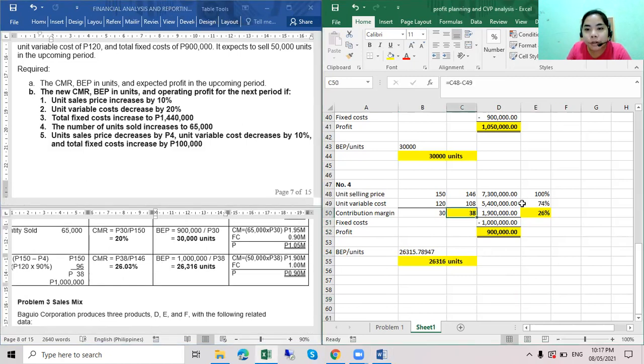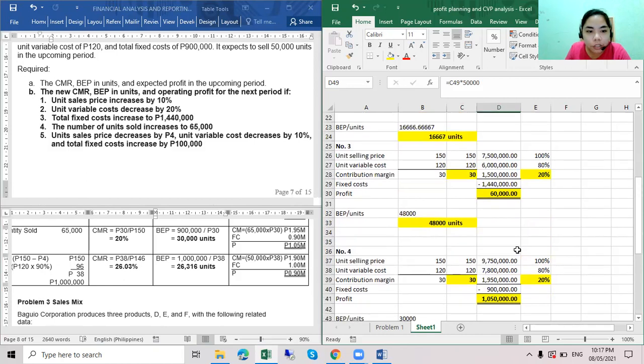So your CM per unit will become 38 pesos, right? 26% ang imong CM ratio. Your BEP units will be 26,316 units and your profit will become 900,000, if you decrease your selling price by 4, you decrease your unit variable cost by 10%, and you increase your fixed cost by 100,000.